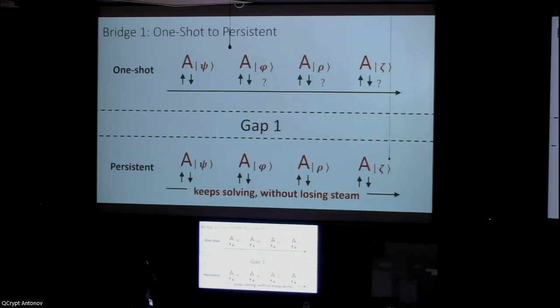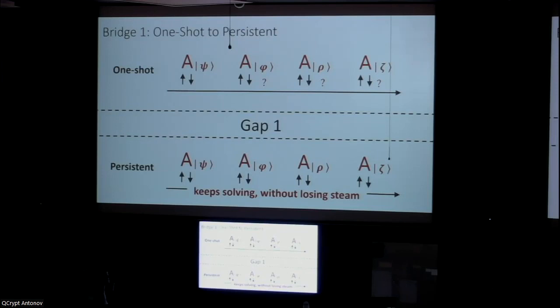We bridge it in three steps actually. In the first step, we show how to convert this one-shot adversary to one that's persistent. He continues to solve the problem, not with the same state. It actually evolves. So you start by running the adversary with state psi. After running him, you get a new state, phi.